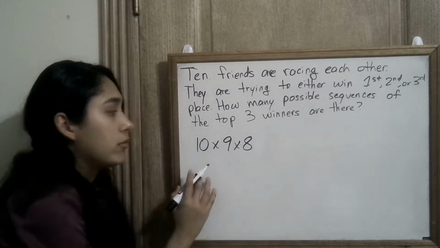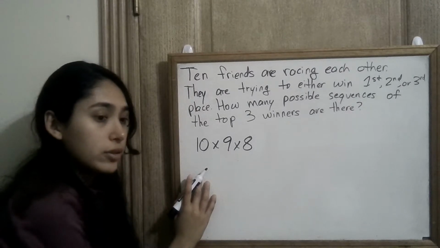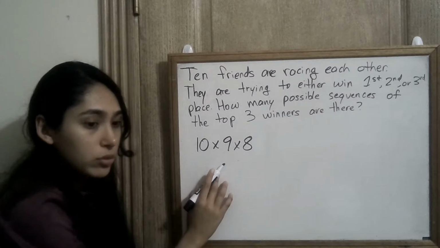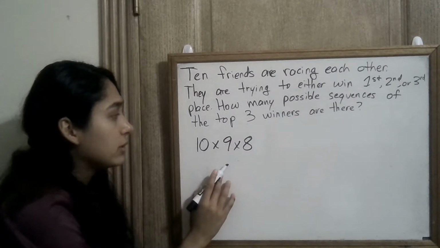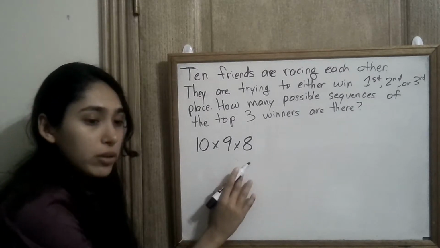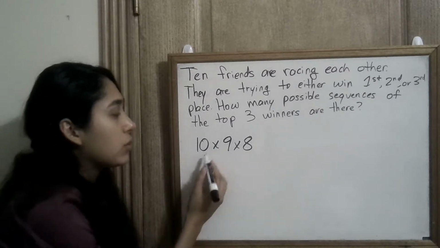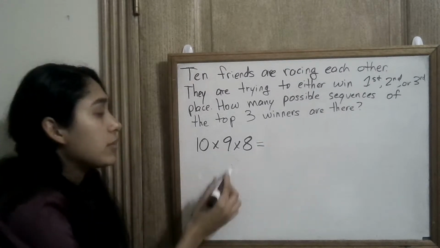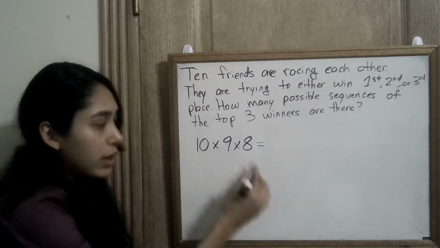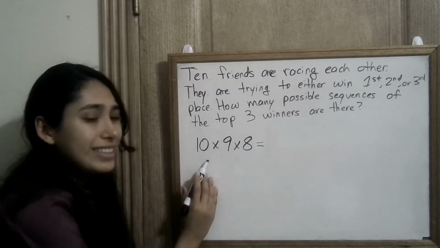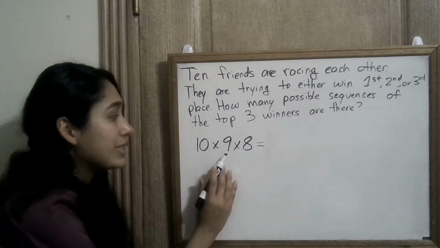I only care about first place, and then after one person wins first place, there's only 9 other people that are available for second place. And then after someone wins second place, there's only 8 more people that can win third place. That's why I go with 10, 9, 8. If I multiply 10 times 9, I get 90.